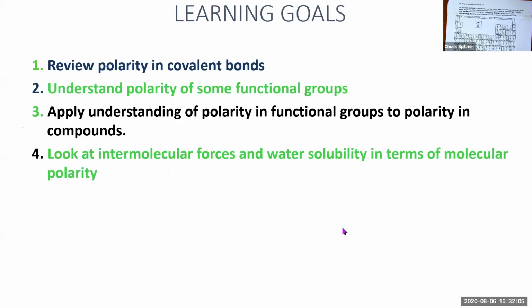And here we go. So the learning goals in this lecture will be to review polarity in covalent compounds, and that should be review. In fact, most of this will be review. Polarity in covalent compounds you can find in chapter 7.2, and then we'll look at the polarity in functional groups.